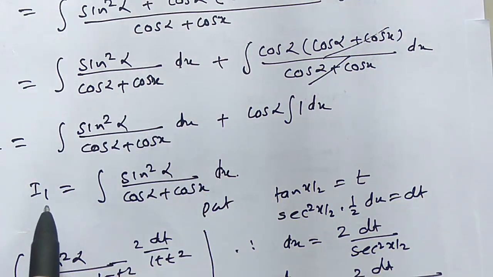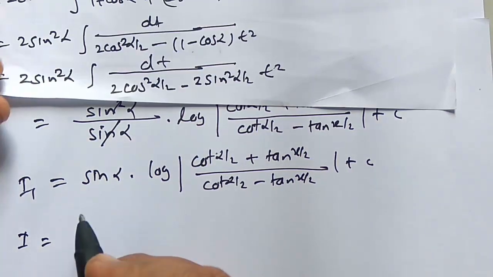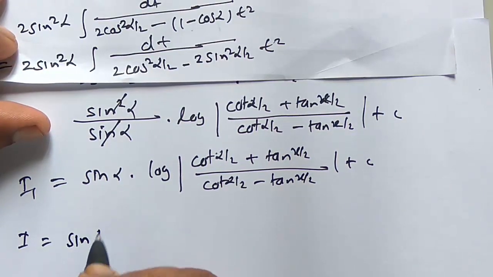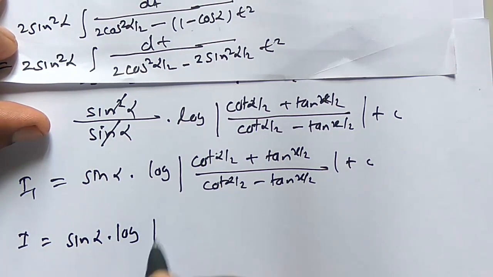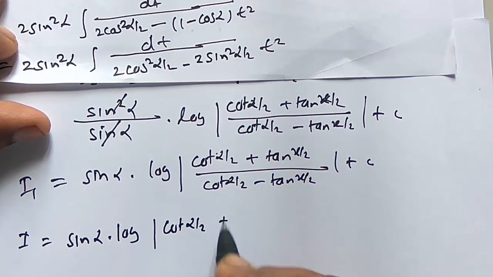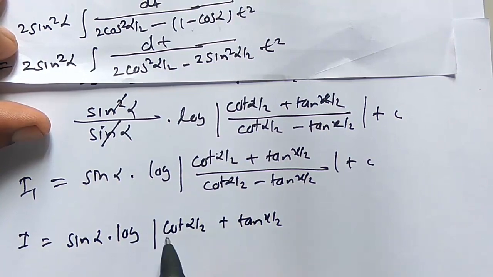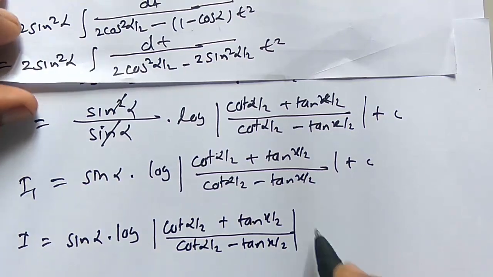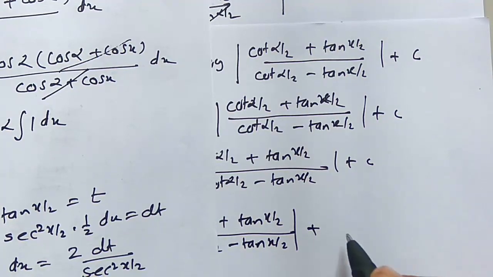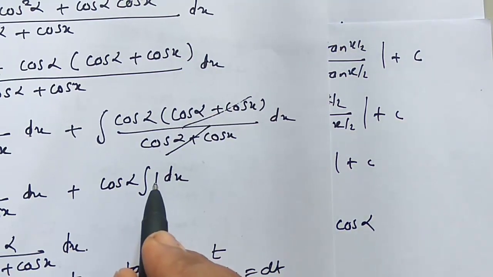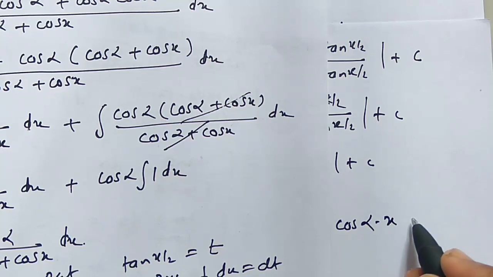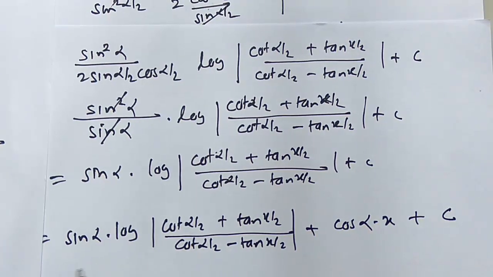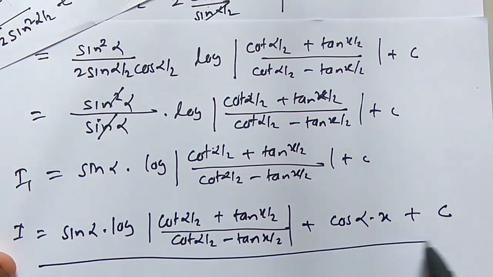We have evaluated this integral, and therefore I is equal to sin alpha into log of cot alpha by 2 plus tan x by 2 upon cot alpha by 2 minus tan x by 2, plus cos alpha, integration of 1 is x, plus some constant. So this is the answer.